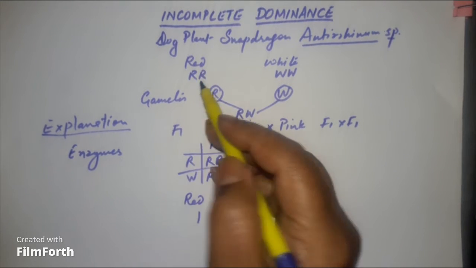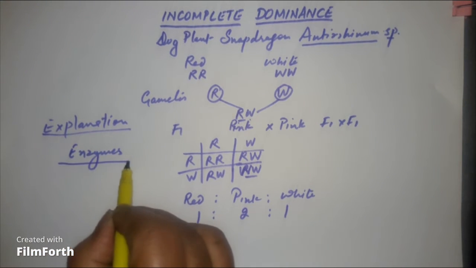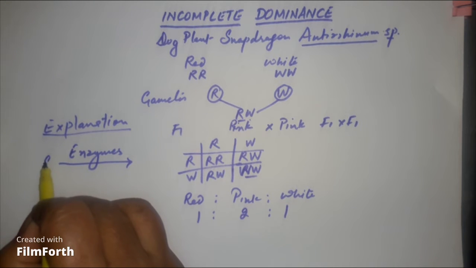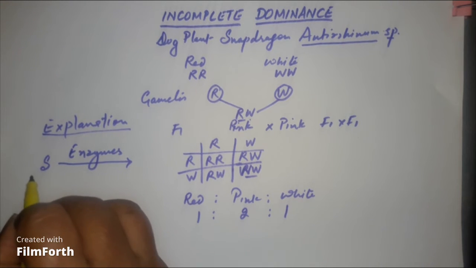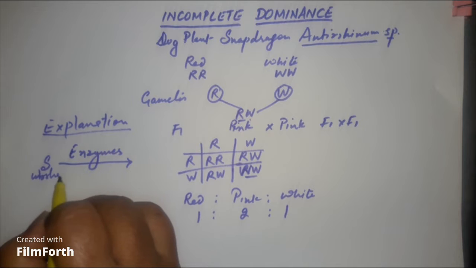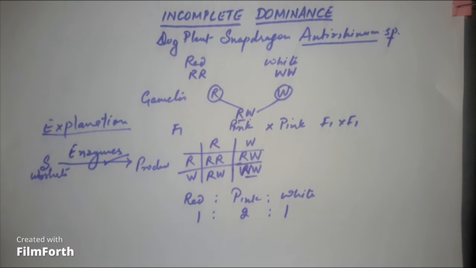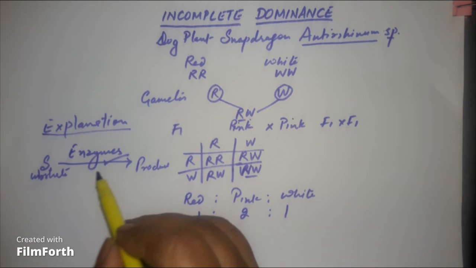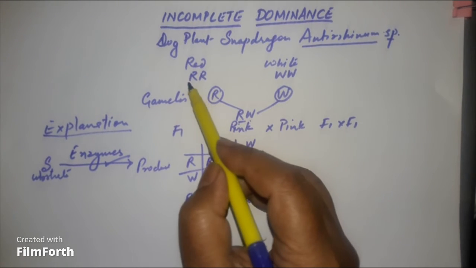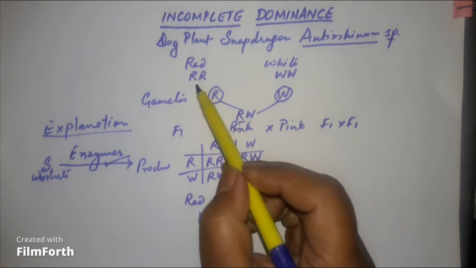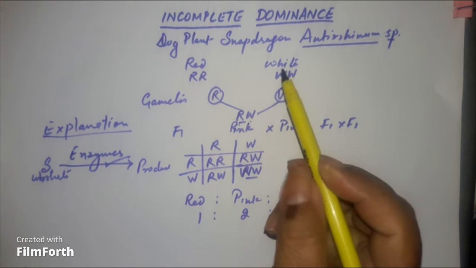These are red color. Red color is produced by an enzyme from a substrate. Means substrate is converted into a product with the help of an enzyme. Now this enzyme is coded by this gene. Okay, so color is being produced.